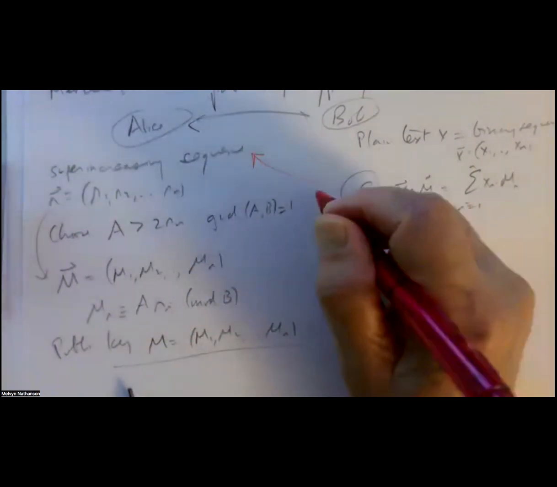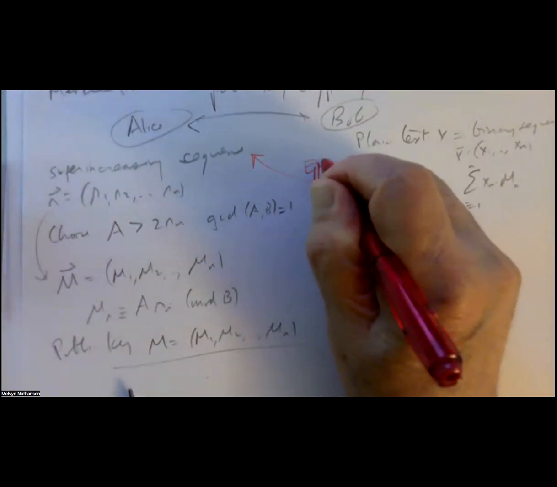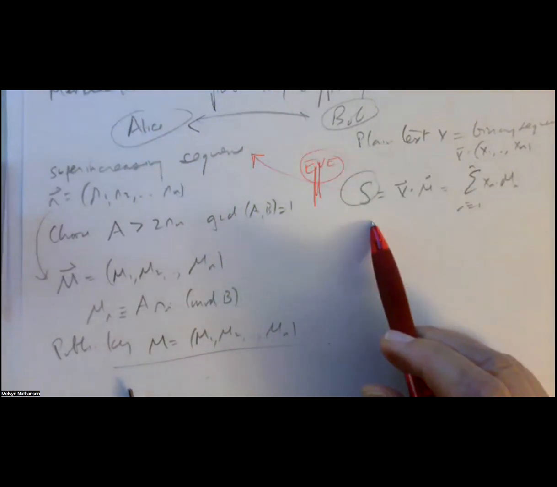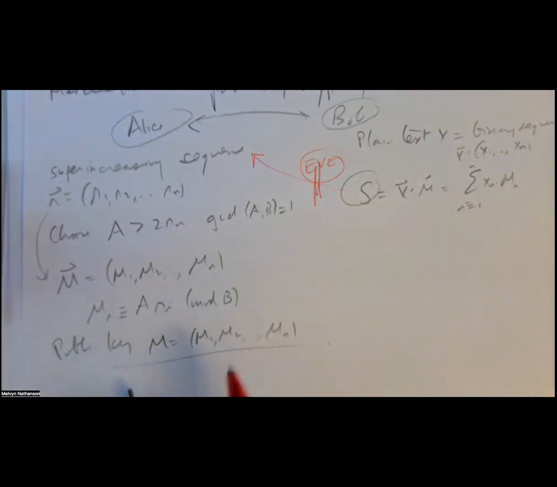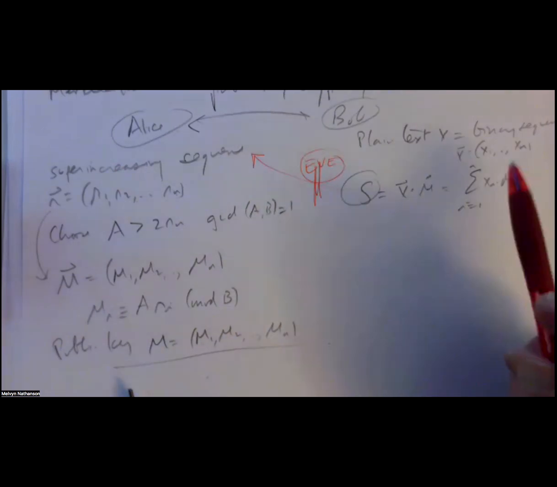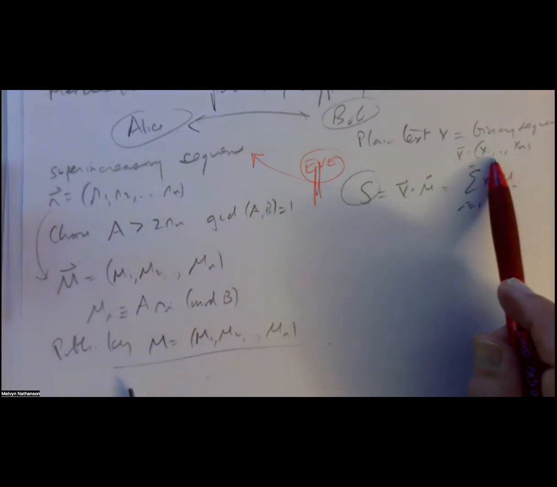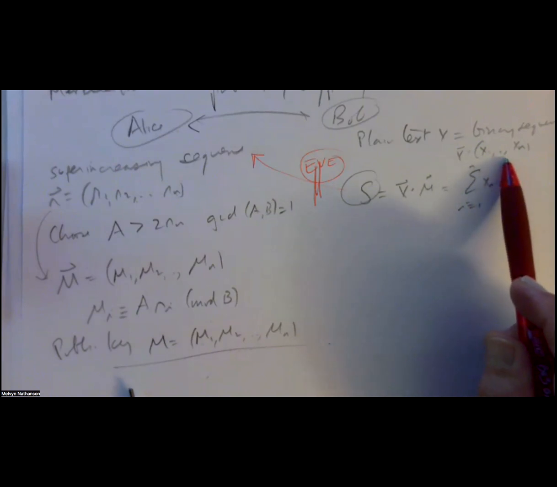Now Eve intercepts the message. So Eve gets S, and she knows S is a subset sum of the M's. And if she knows what numbers are used in that subset sum, she knows this binary sequence X, and she's broken the code.